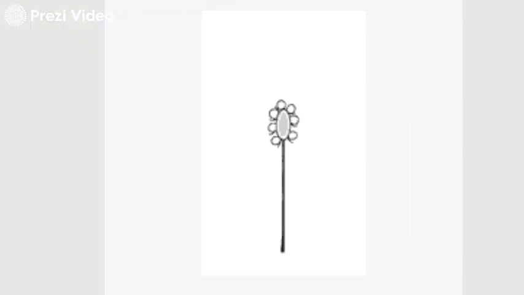Now umbel is an inflorescence where all the flowers are borne from the same point. But remember that all the flowers here are pedicellate in case of an umbel inflorescence. If the same arrangement is considered with flowers that are sessile, you see here that this central common point is the peduncle, and all the circles that you see around are the individual flowers, which are sessile.